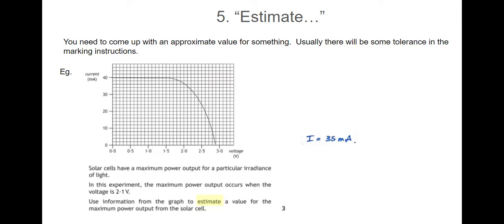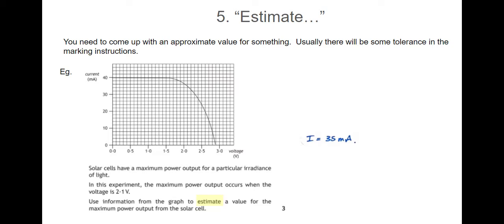Well, if I have a look at this graph and look at 2.1 volts and then read across to the current axis, I see that 2.1 volts occurs at a current of between 34 and 36 milliamps. Therefore, I can't tell exactly that it is 35 milliamps.